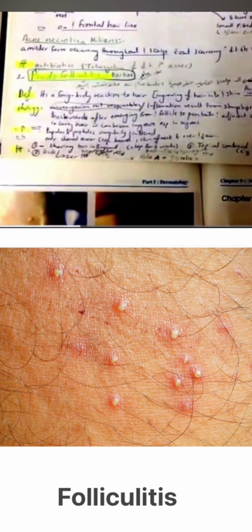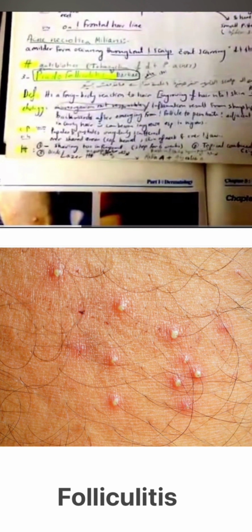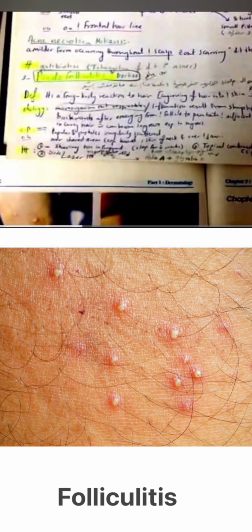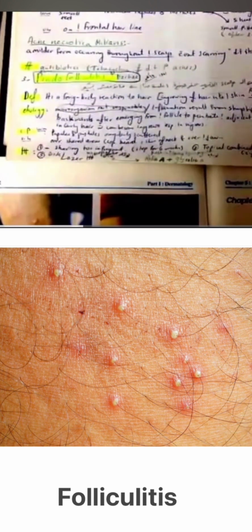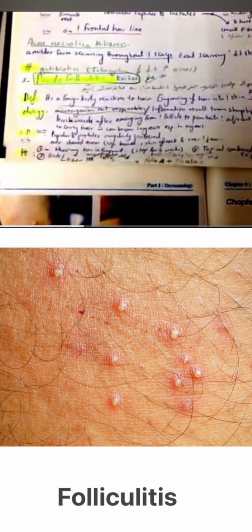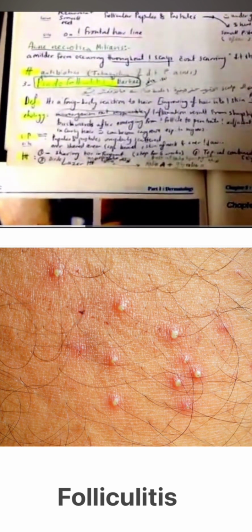It's more common in curly hair, which becomes ingrown. And the clinical picture: papules and pustules irregularly scattered over the shaved area, especially the beard skin of the neck and over the jaw. The treatment is shaving too infrequently, maybe after 6 weeks.